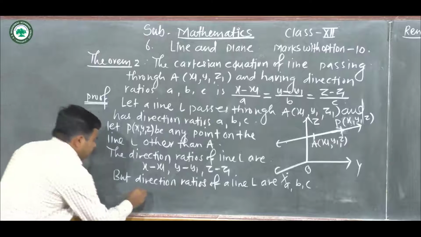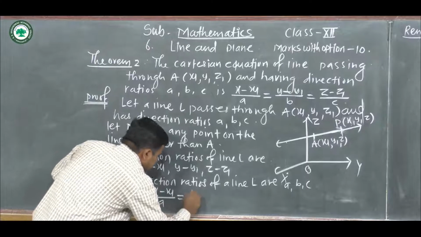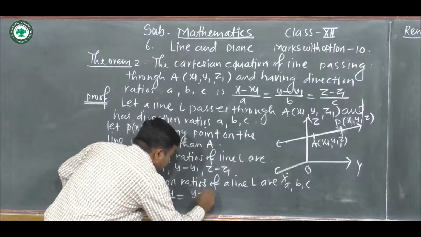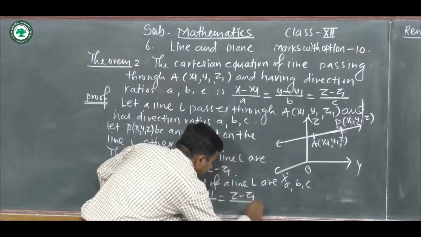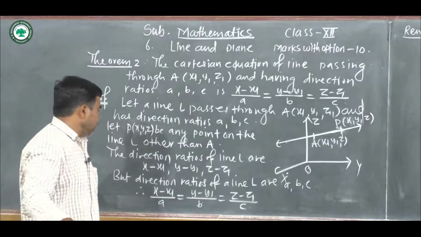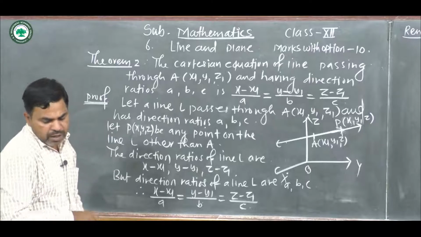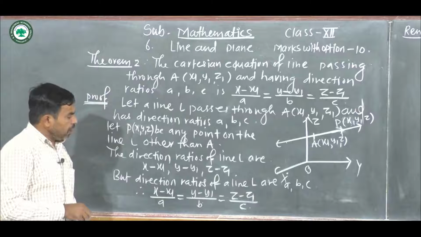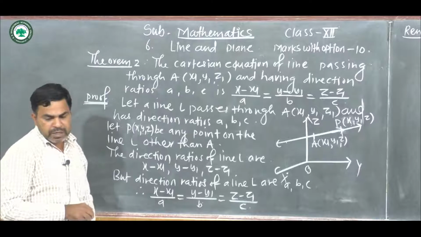So therefore x minus x1 divided by A is equal to y minus y1 divided by B is equal to z minus z1 divided by C. This is the Cartesian equation of a line passing through the given point and having direction ratios A, B, C.